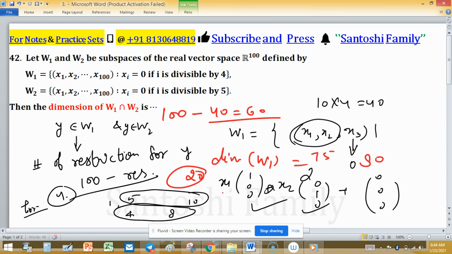Similarly, there will be more: 40, 60, 80, 100. So the numbers which are divisible by 4 and 5 together need to be counted only once.